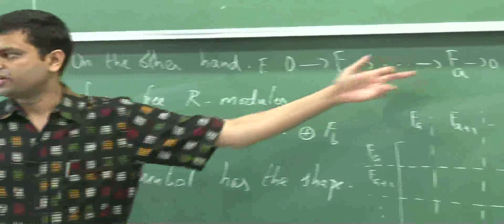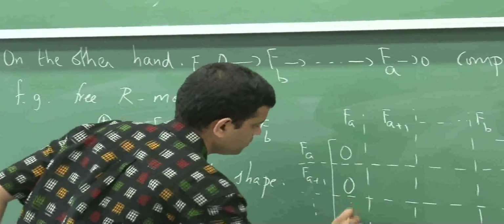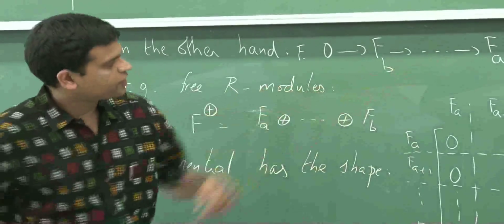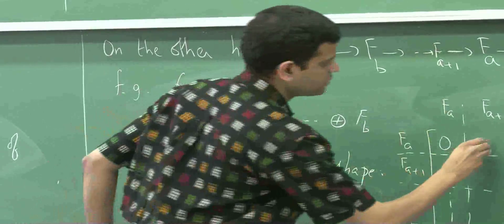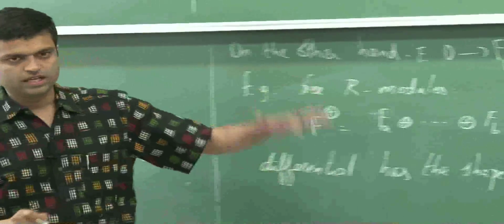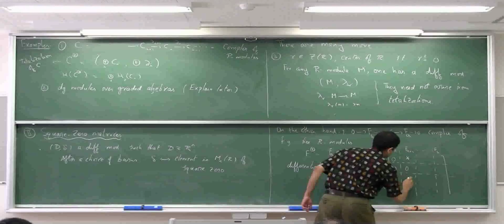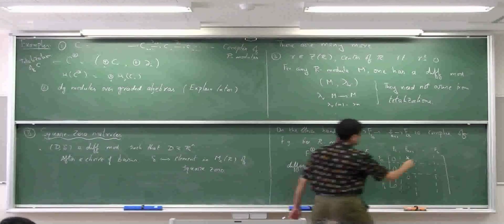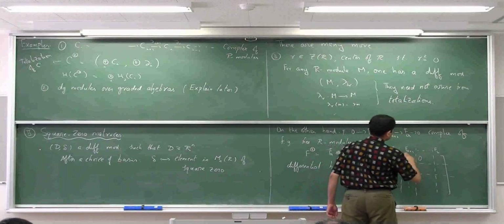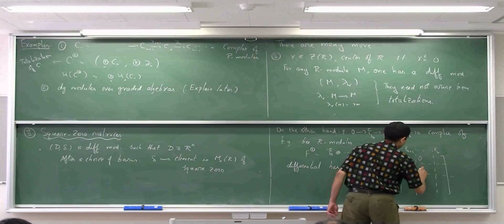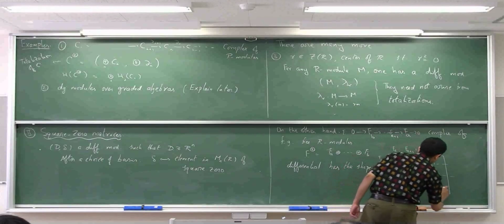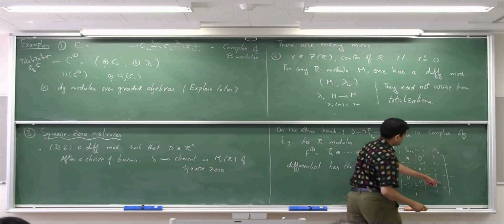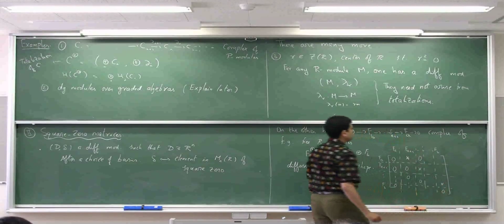The image of Fa is all 0, so this column is all 0. The image of Fa plus 1 lands in Fa, so you have some matrix here, and the rest is all 0. It has no image further down, and so on. Fa plus 2 has its only image in Fa plus 1, and 0 elsewhere, and finally Fb has only an image in Fb minus 1 and 0 elsewhere.